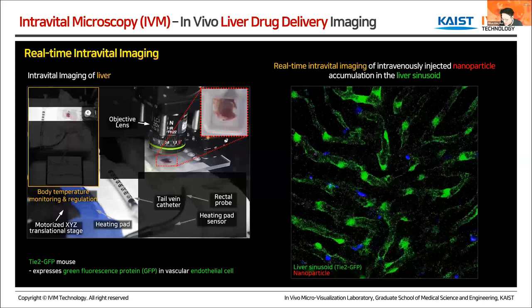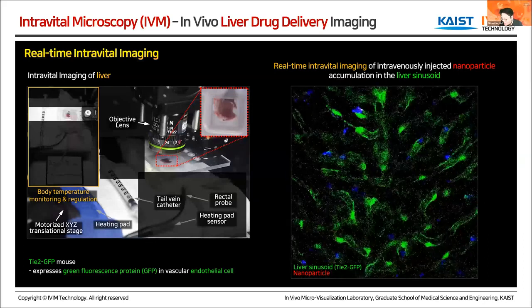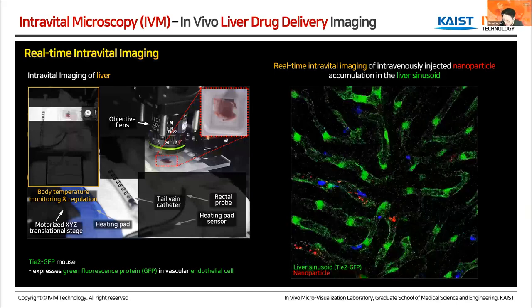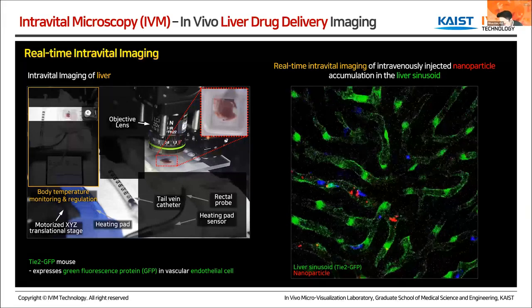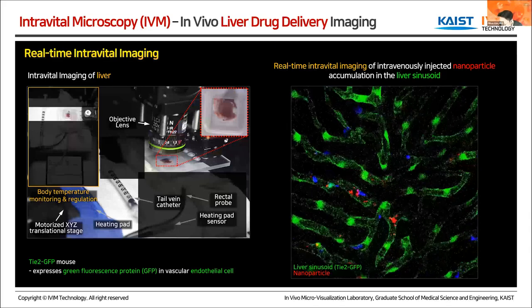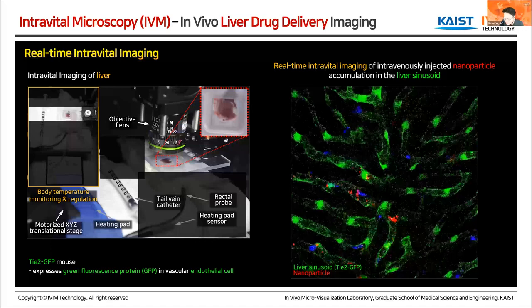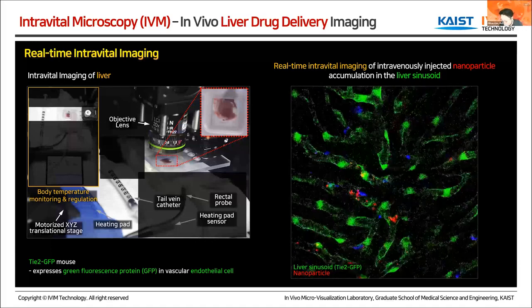You can target a single vessel with a high power laser, and then induce the injury. And then we can see the platelet aggregation after inducing this laser-induced injury in the vessel.